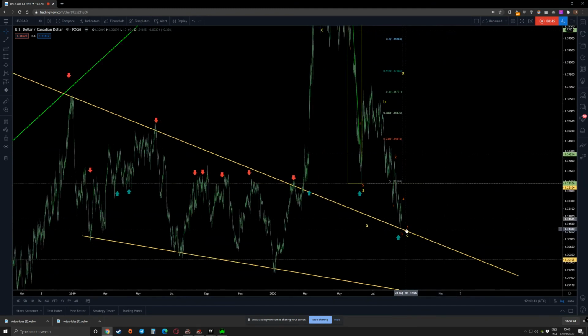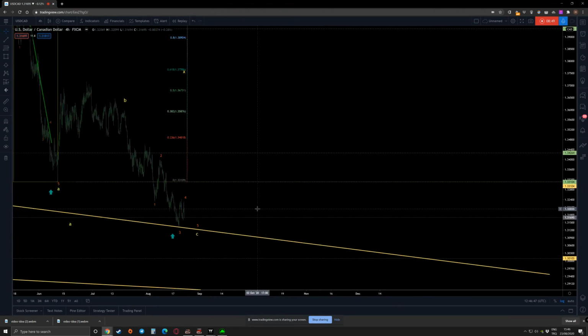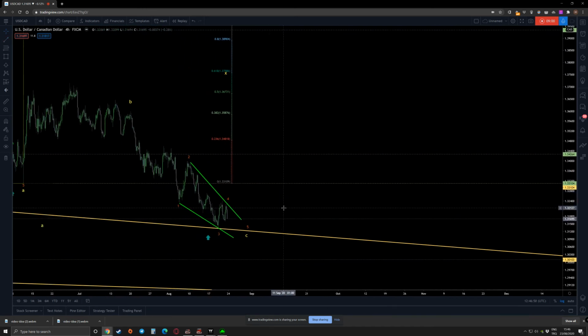If I will see something like this, then I would like it for this analysis, because I would like to see a move that resembles a wedge, which this one at this point does.